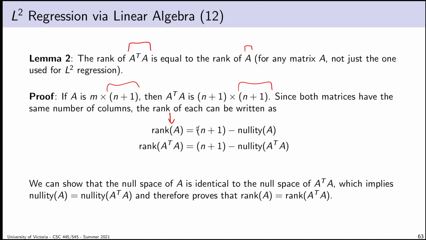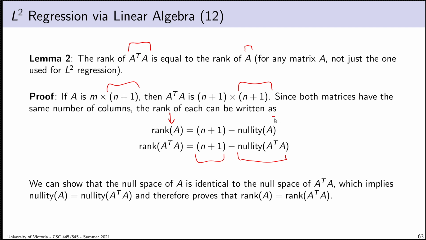So the rank of A is n plus 1 minus the size of the null space. The rank of A transpose A is expressed the same way, just in terms of the null space of A transpose A. What I would like to do is to prove that the size of the null space of A happens to equal the size of the null space of A transpose A.